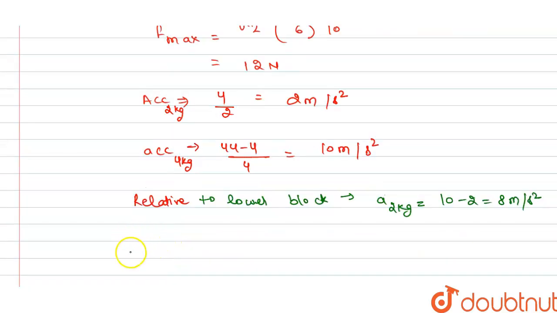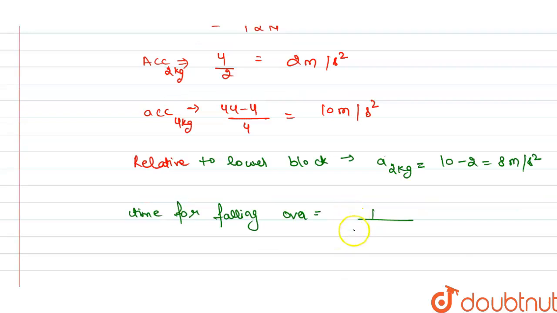So the time for falling over is given by half into 8 into t square, and this is equal to 16.